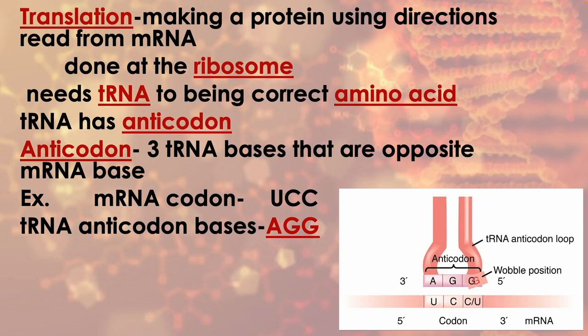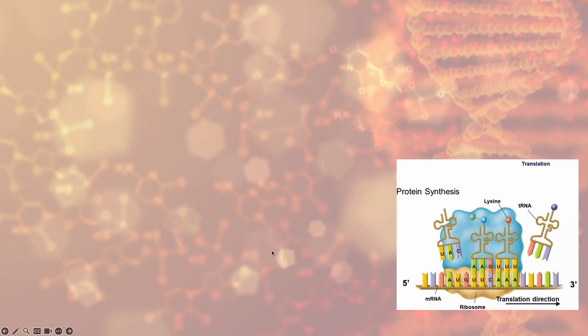If it didn't have these bases in the anticodon, it wouldn't fit and it wouldn't be able to be attached. Now, at the other end of this thing is the amino acid. It kind of looks like a big old clover leaf, and on the stem end is where the amino acid is attached.